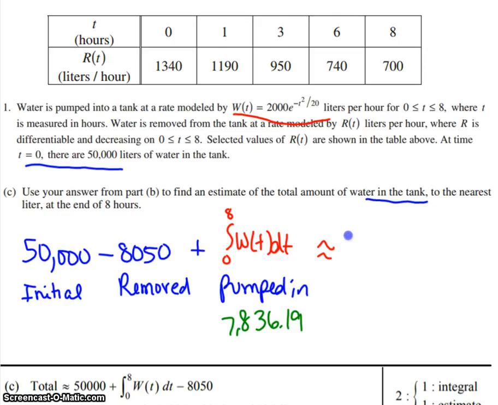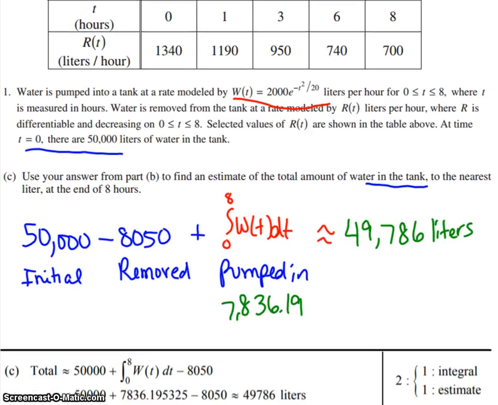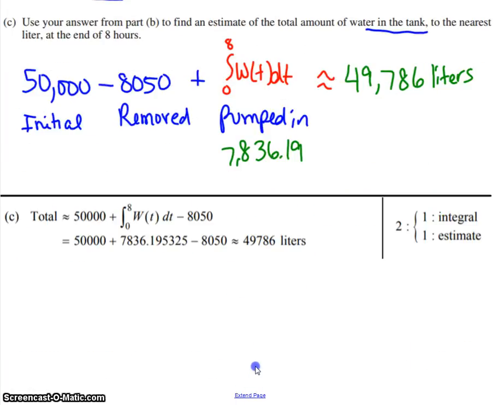Calculating that, you get 49,786 rounded to the nearest whole liters of water. The points for that is a total of 2 points: 1 point for the integral of W of t, 1 point for the estimate, the 49,786.